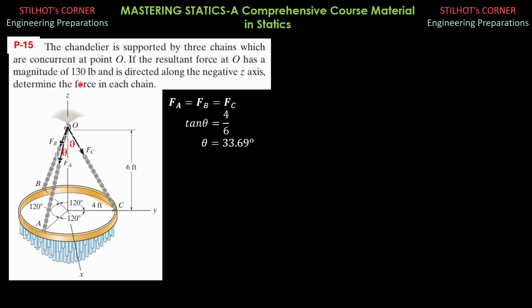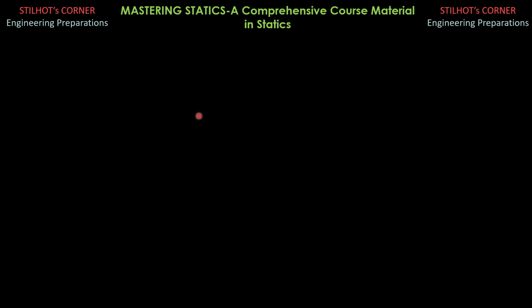So 130 is 3 times the z component of the force. So 3 times the z component of the force, which is F cosine of theta, is equal to 130 because we treat going down positive. From there, we can now solve for F, and F is Fa equals Fb equals Fc, and that is 52.08 pounds.